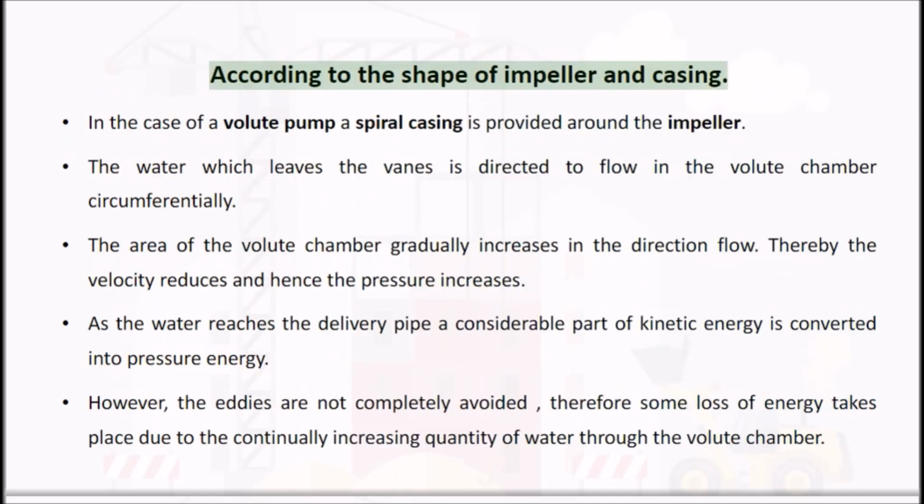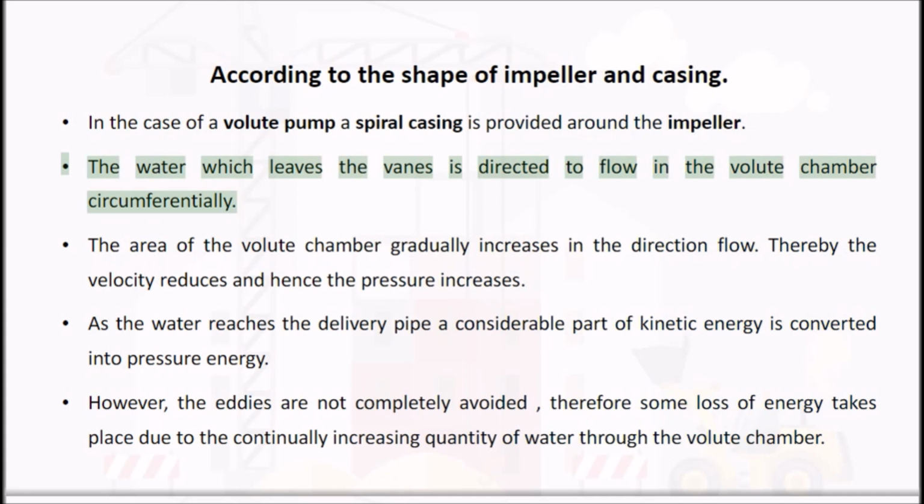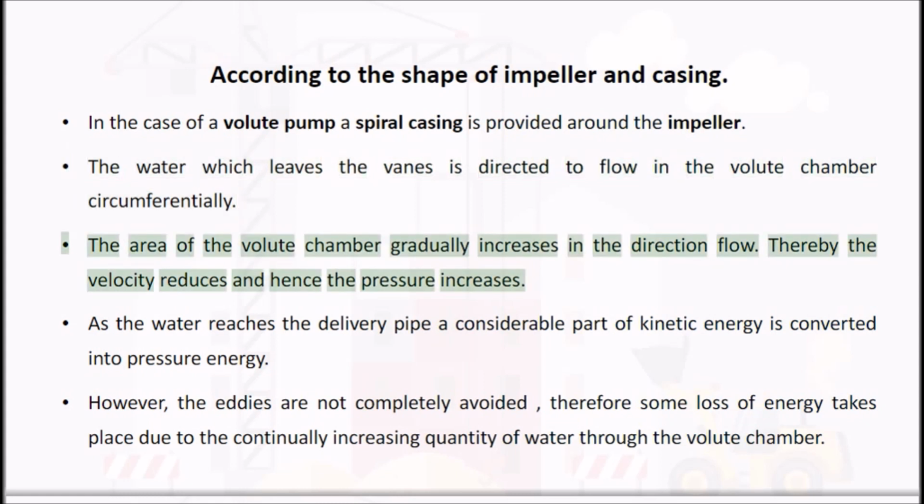According to the shape of impeller and casing. In the case of a volute pump, a spiral casing is provided around the impeller. The water which leaves the vanes is directed to flow in the volute chamber circumferentially. The area of the volute chamber gradually increases in the direction of flow.